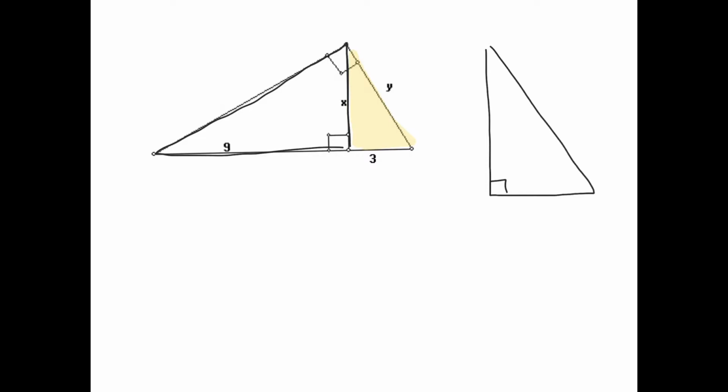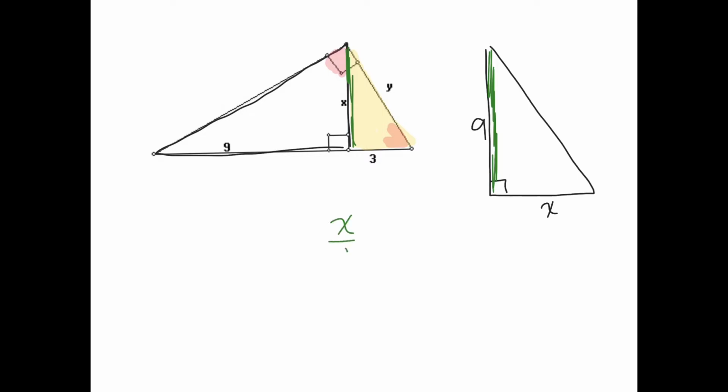And this angle matches up with this angle over here. Okay, so here I have the side with the value of x, and then I have this side with the value of 9. Okay, so now I'm going to match up my corresponding sides. So I have this x corresponds with this 9.